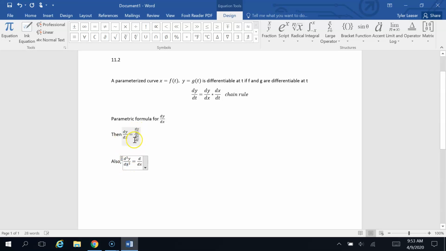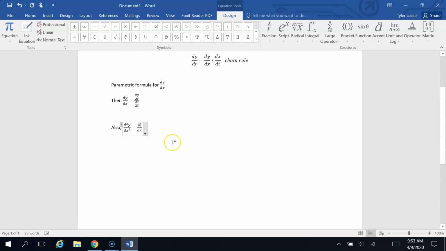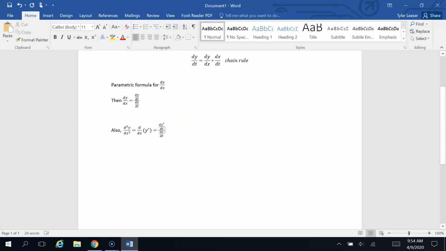But when you take the derivative of the right hand side with respect to x, you just have to be a little bit careful. So we're going to write this as d/dx of y prime, just a different way of writing that. And to do that, I'm just going to give you the end result. What we get is we take the derivative of the derivative, so dy prime/dt, and then we divide that by an extra dx/dt. This is a little bit more complicated than it looks, and when we jump into an example here, you'll see.